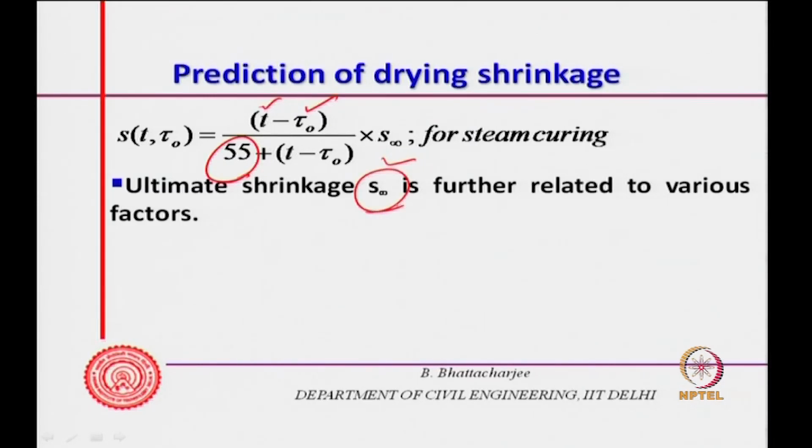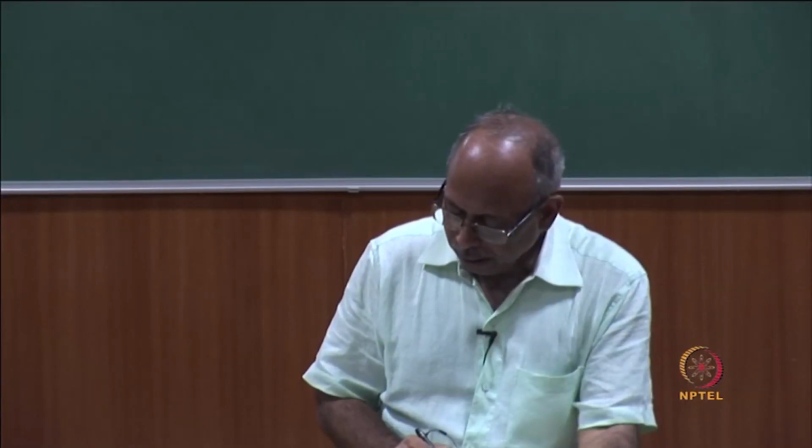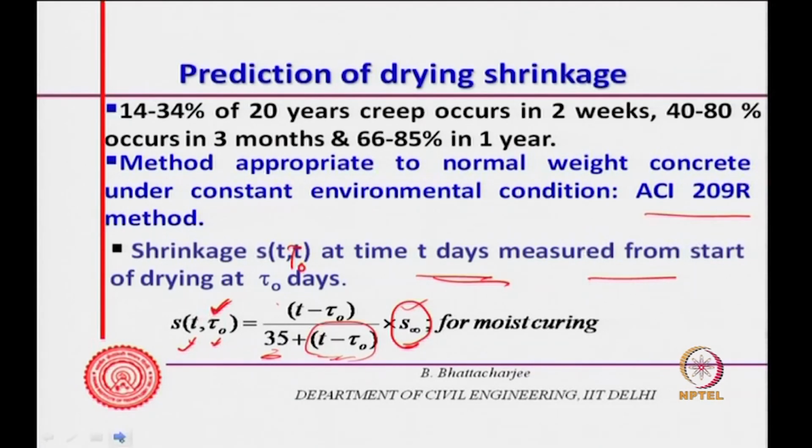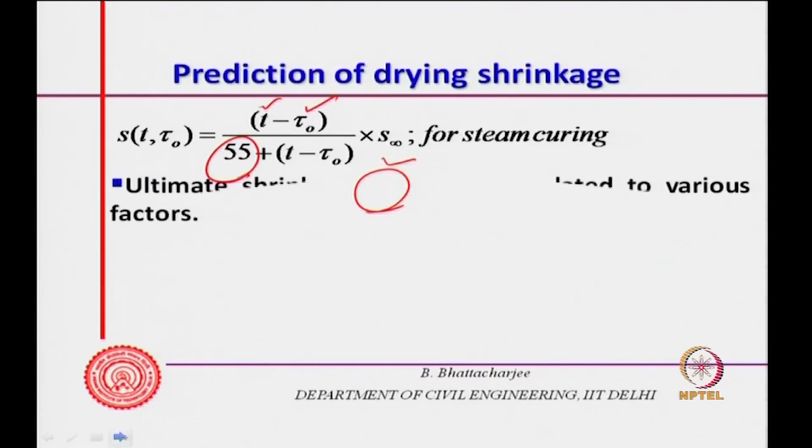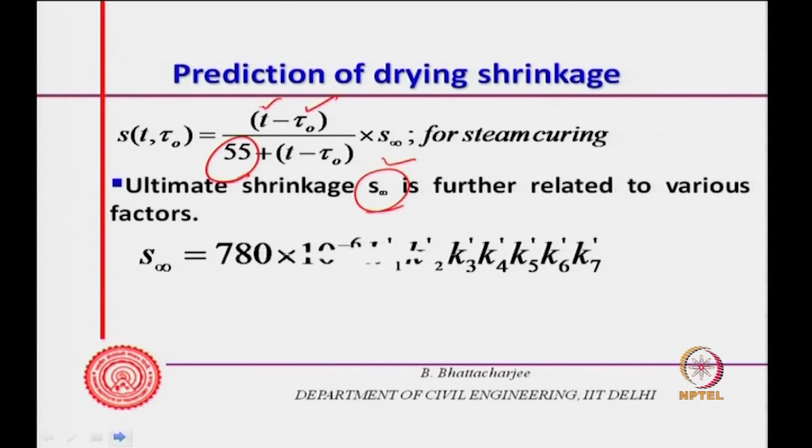And now, the ultimate shrinkage you can find out using the ACI 209 method, which tells you the procedure to find it. So, the ultimate shrinkage is given by this formula: 780 into 10 to the power minus 6, times K1', K2', K3', K4', K5', K6' and K7'.